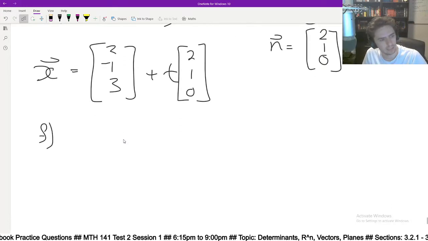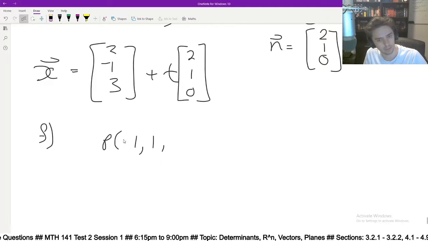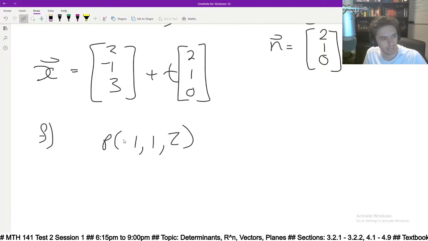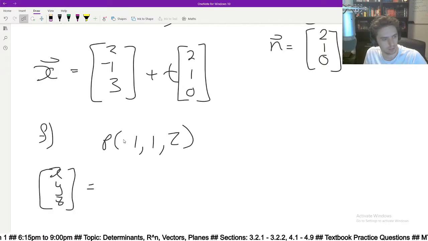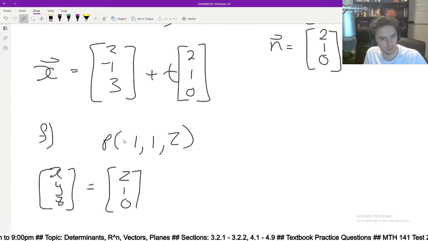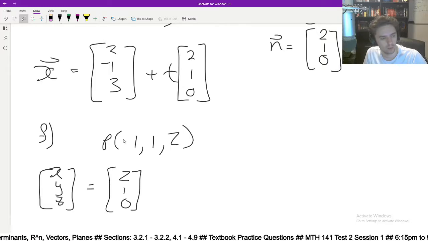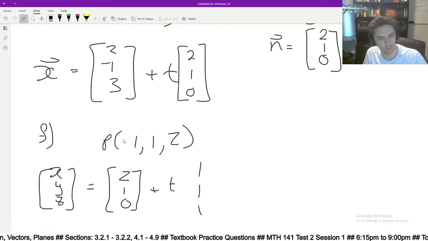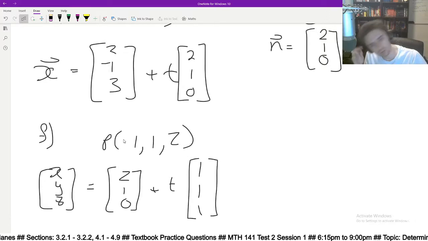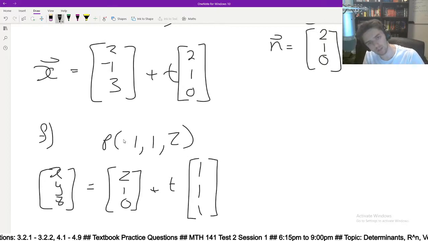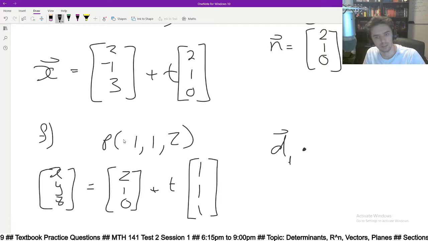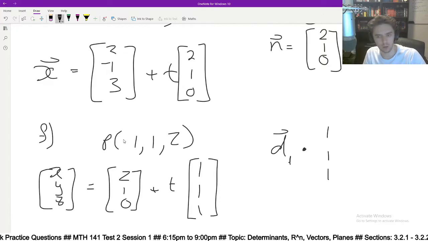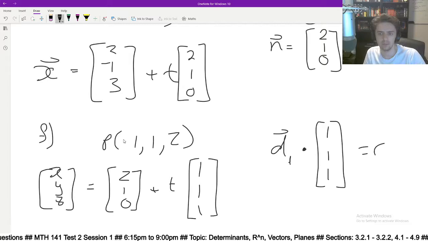So it's saying it's passing through the point. We want a vector equation of a line passing through this point. And it's perpendicular to this line, x, y, z equals 2, 1, 0, plus t, 1, 1, 1. So to be perpendicular, that means that the direction vector of our line, I'll call it d1, dotted with 1, 1, 1, has to equal 0.